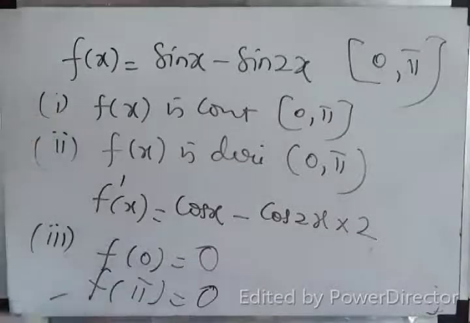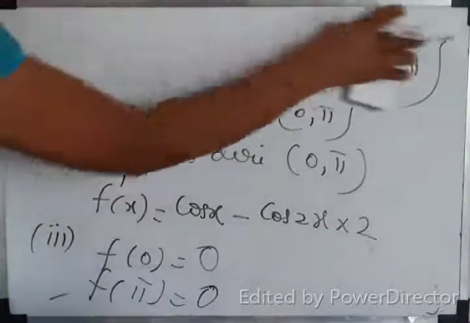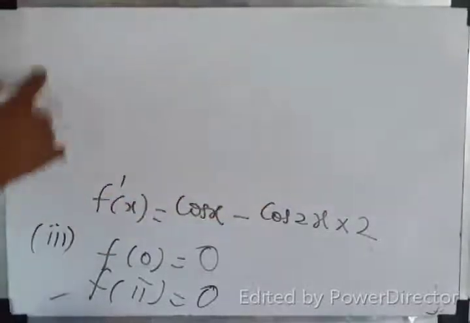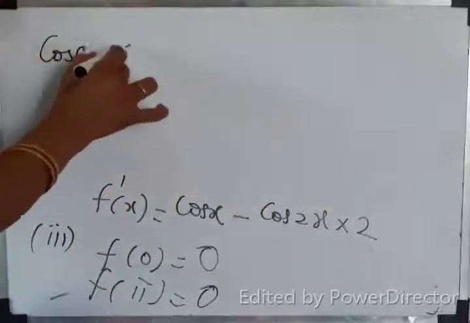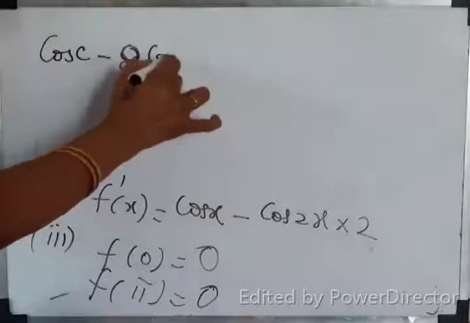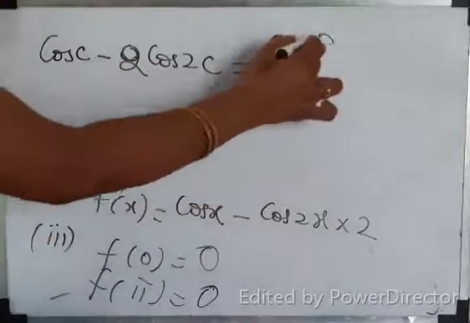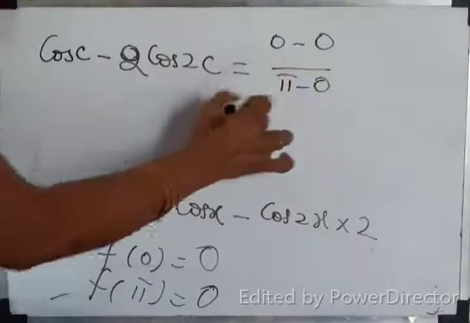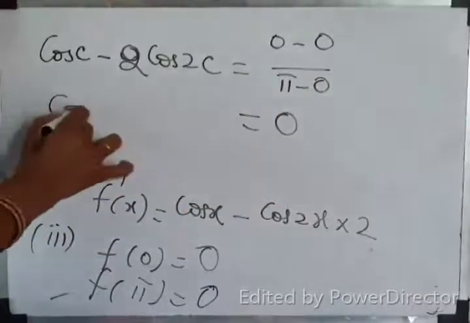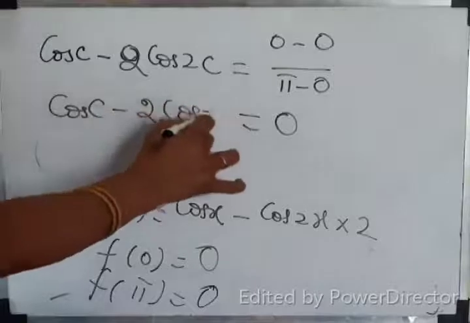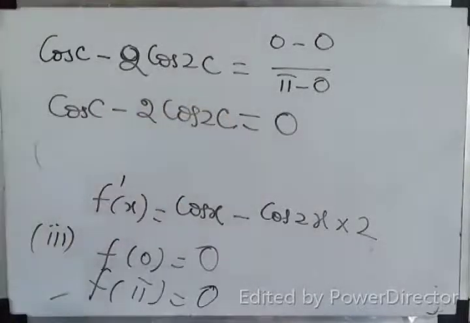Then there exists c such that f dash of c, what is f dash of c? Cos c minus 2 cos 2c, which is equal to f of b minus f of a by b minus a, that is 0. Cos c minus 2 cos 2c equal to 0.